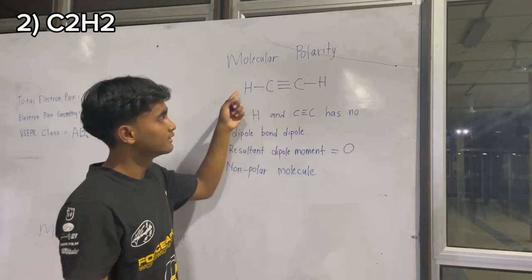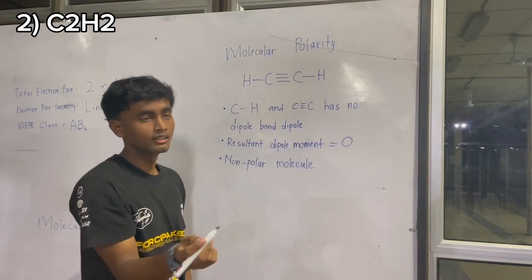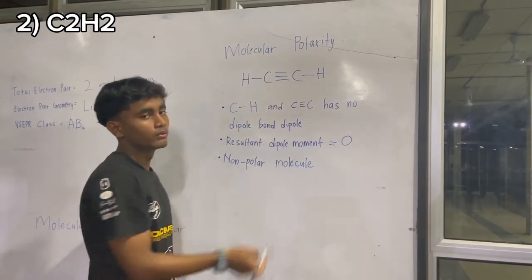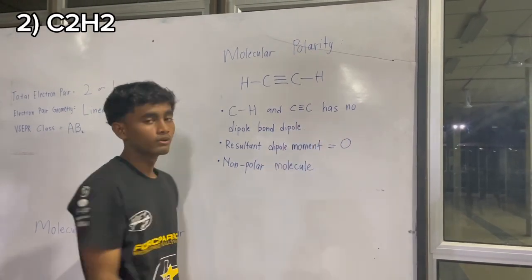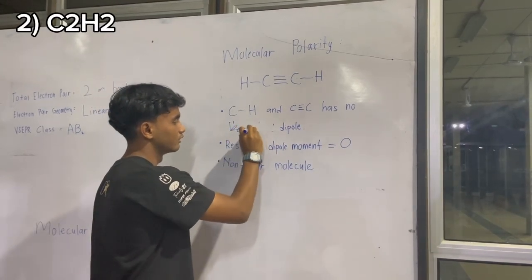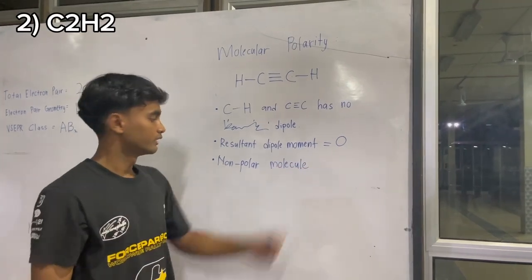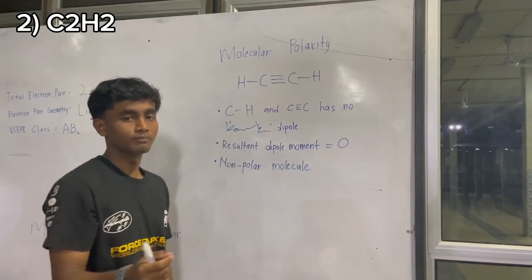And between C and H, there is also no bond dipole because the electronegativity between C and H is very similar. So we cannot draw a bond dipole between C and H. So we can conclude that H, C and C have no bond dipole. So its resultant dipole moment is equal to 0. So when a resultant dipole moment is equal to 0, it is a non-polar molecule.